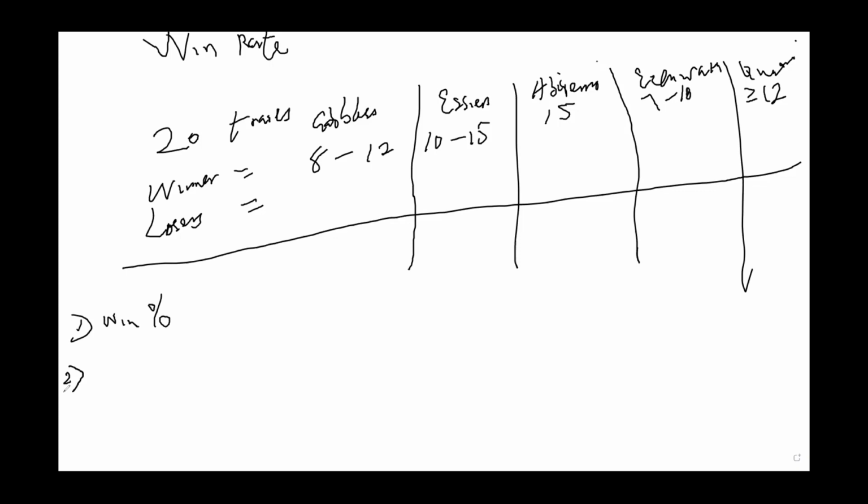And then the second thing, which is also very important, is the risk to reward ratio, RRR. It's just that a lot of people focus mostly on the win rate while ignoring the risk to reward ratio.